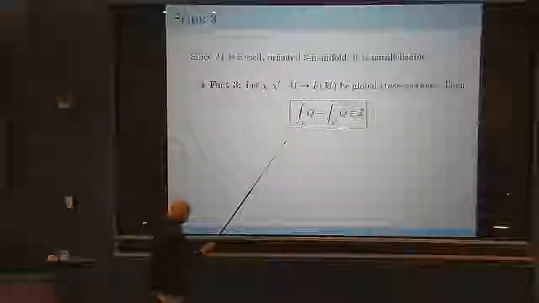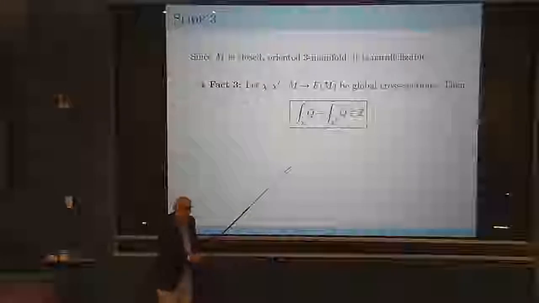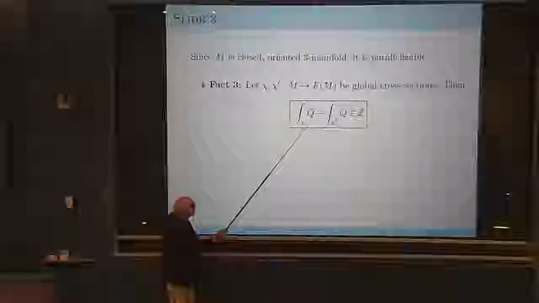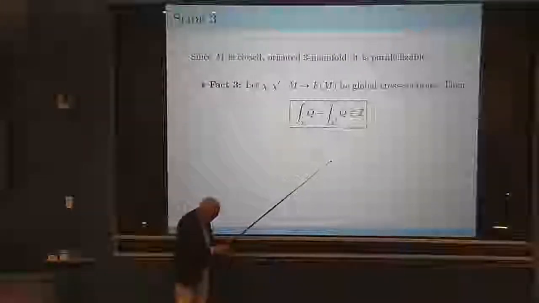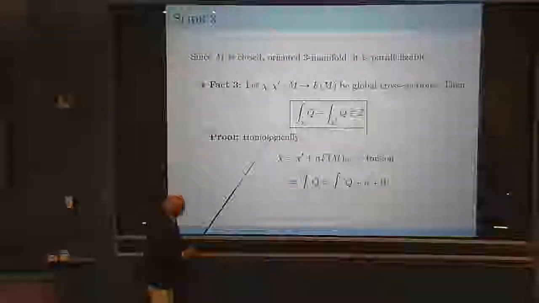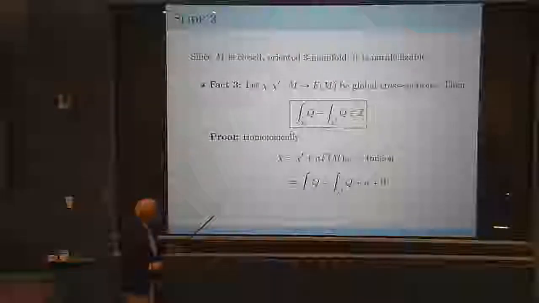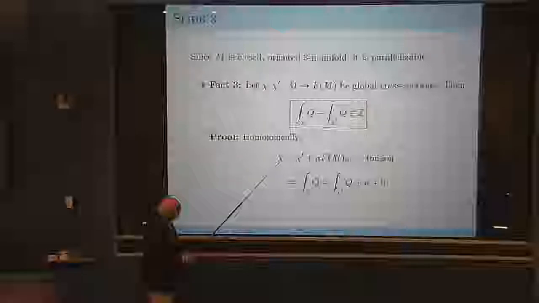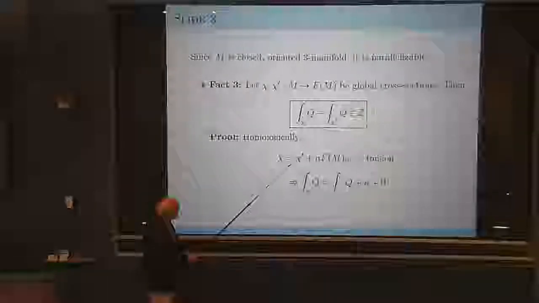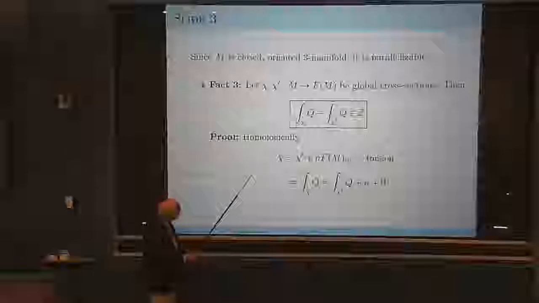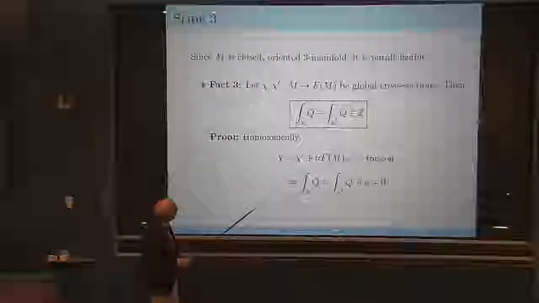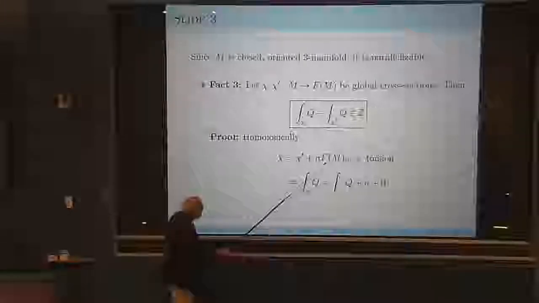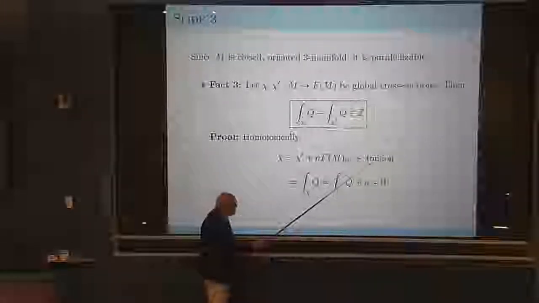And it says here that if I integrate it over one cross-section, and then I integrate it over another cross-section, the difference is going to be an integer. Well, why is that? Well, homologically, one cross-section equals another cross-section, up to boundaries and stuff, plus some integral multiple of the fiber, and plus torsion.